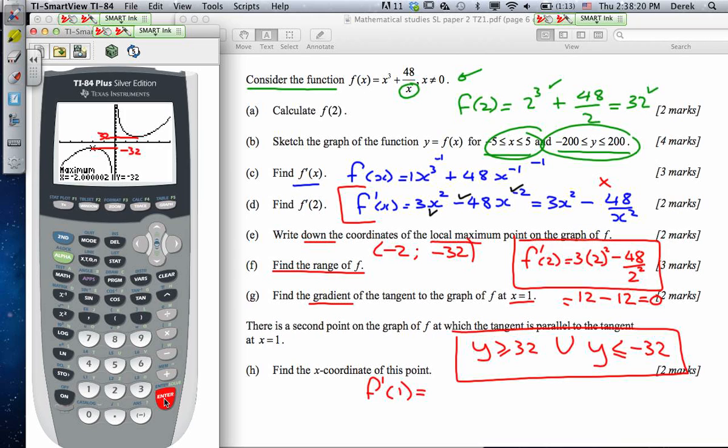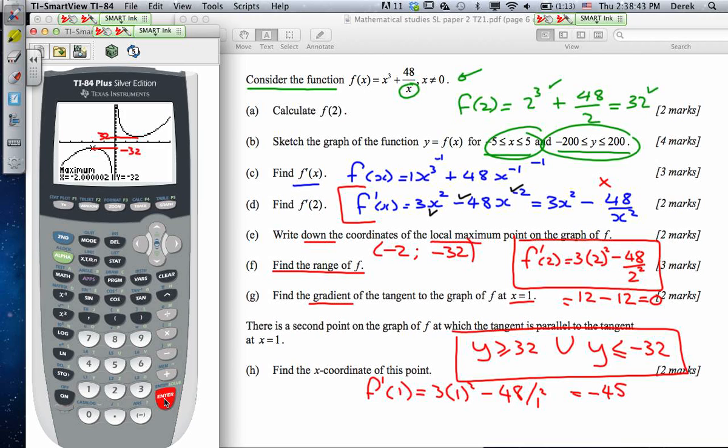You've got 3 times 1 squared minus 48 over 1 squared, so this is going to be 3 minus 48. That's going to equal negative 45.